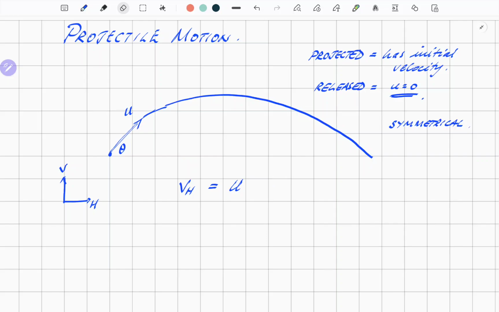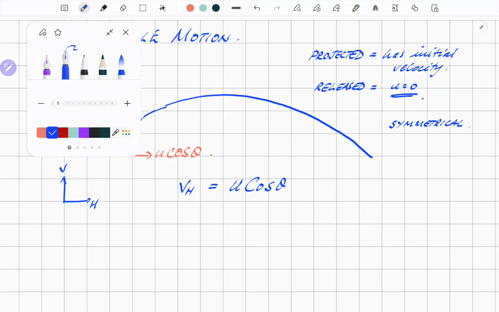So the horizontal is cos theta. That is u cos theta, and the vertical component is u sine theta, all right?